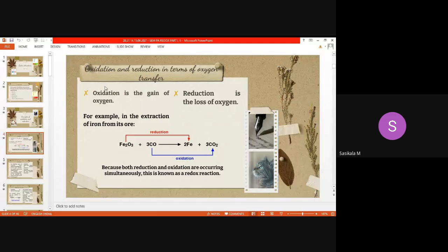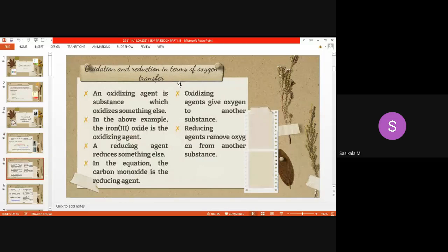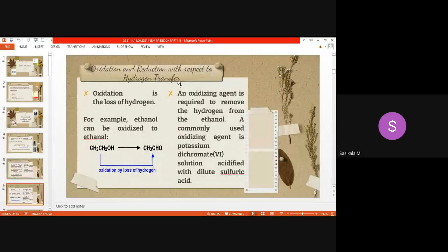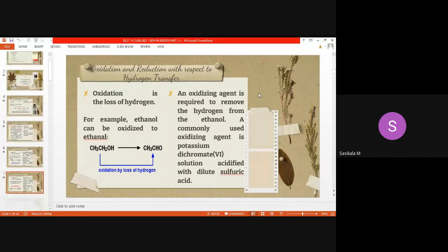The first is oxidation and reduction in terms of oxygen transfer, and the other is oxidation and reduction with respect to hydrogen transfer. So these two, oxygen transfer and hydrogen transfer, explain oxidation and reduction, and this is called the classical concept.